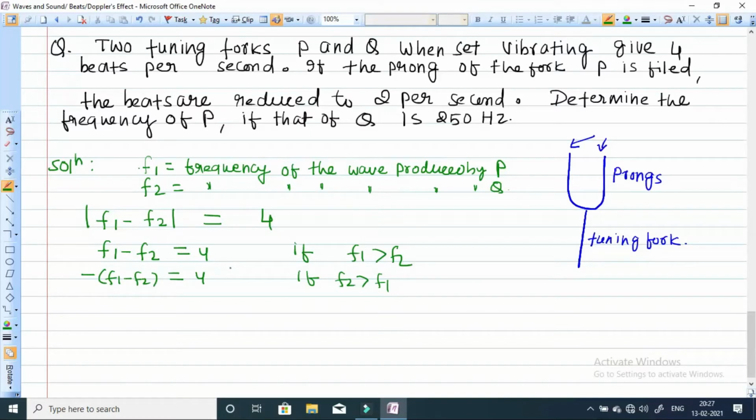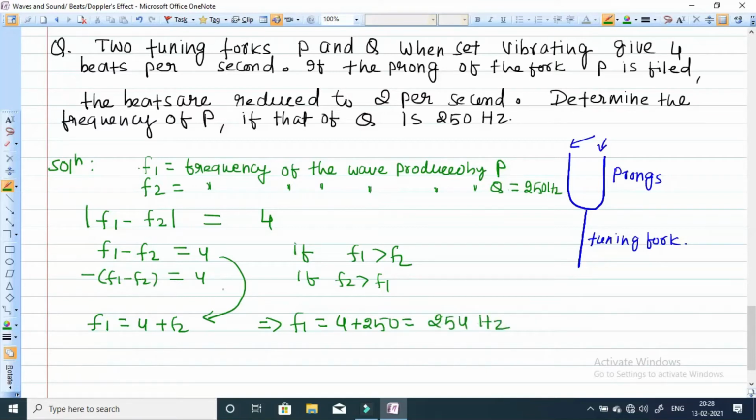We know F2 is given as 250 Hertz. From the first equation, F1 equals 4 plus 250, which is 254 Hertz.